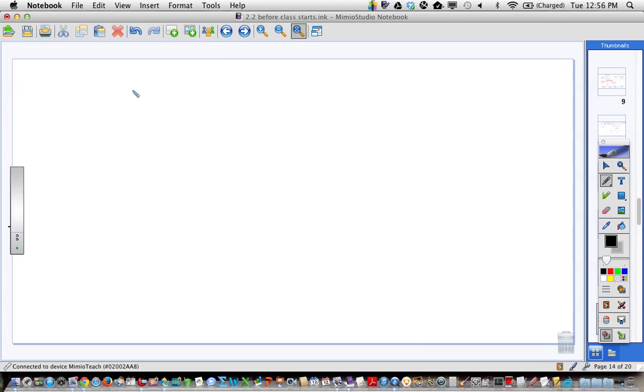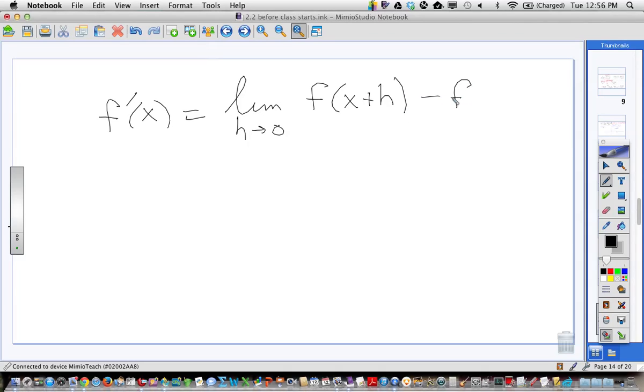So when you see me write the definition of a derivative, probably most of the time from now on, we'll do it with x instead of a. There'll still be some problems where you'll see it with an a. But this is more multi-purpose, because if I want to find f prime of 1, I can just put a 1 in for x. If I want to find f prime of 2, I'll put a 2 in for x.